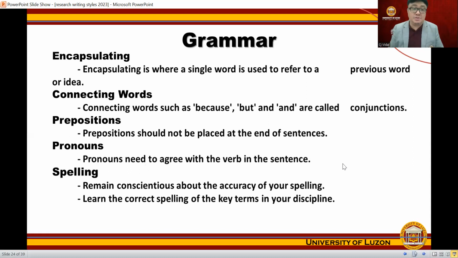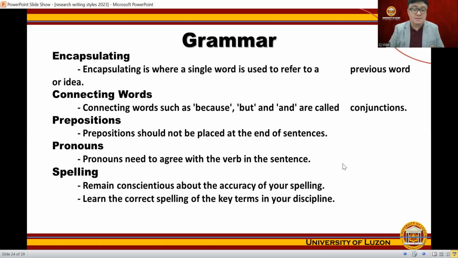Then we have also connecting words. Connecting words such as because, but, and are all called conjunctions. As I have already introduced at the start of our discussion, they are used to join two clauses. They should not be used to begin sentences. So that is for connecting words. Then what about prepositions?